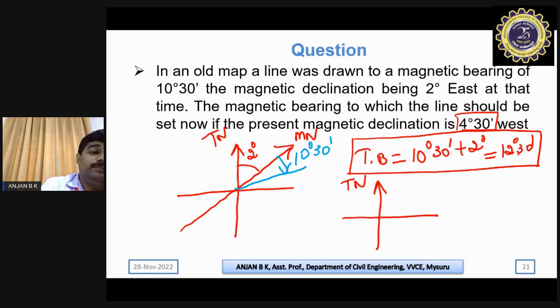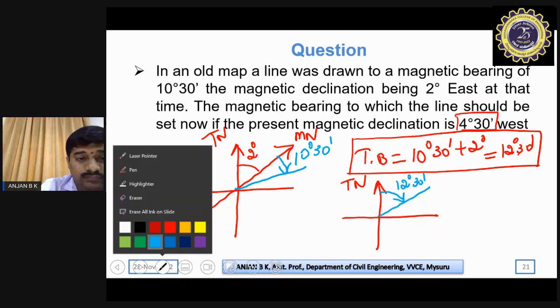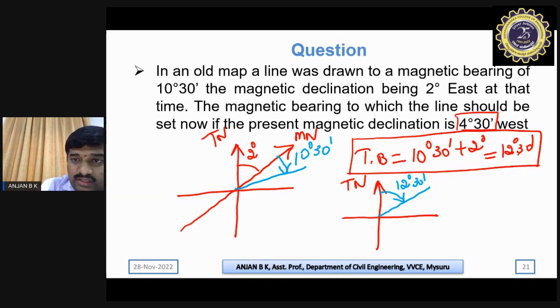We have a line, and now the magnetic north is having 4 degrees 30 minutes west. So this line.